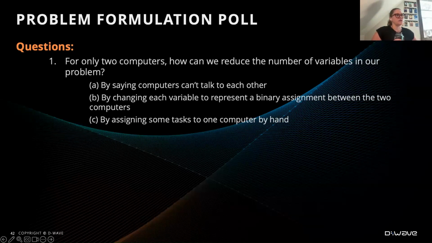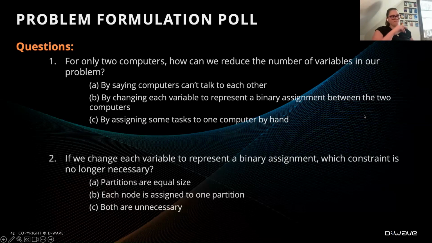If there are only 2 computers, computer A and computer B, we could say that a binary variable of 0 could be for computer A and a binary variable of 1 could be for computer B. There we cut our need for multiple variables for each task. That'll reduce the number of variables for our problem.